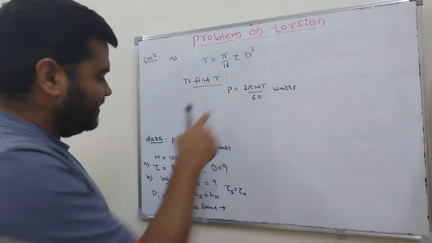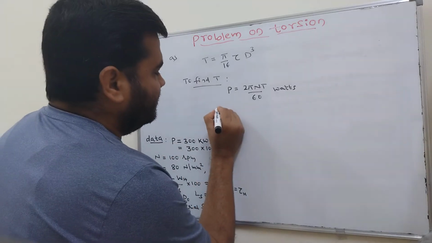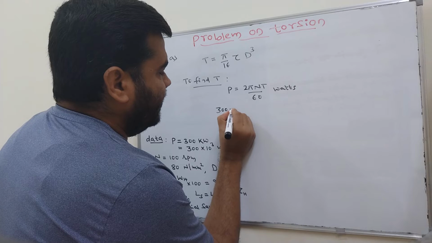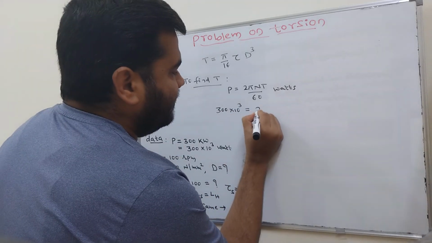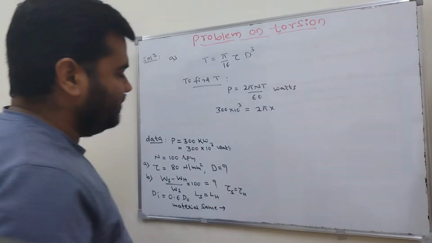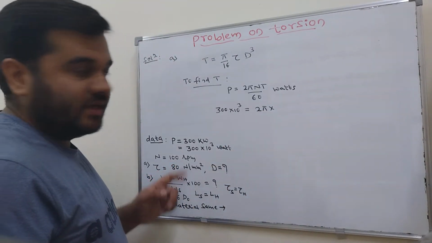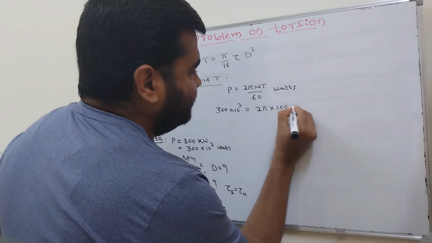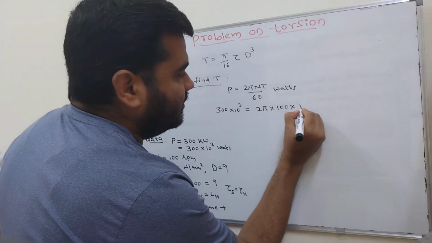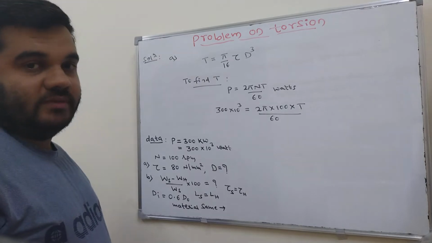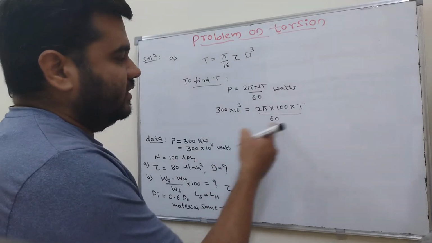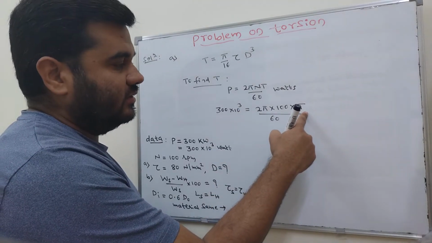What is the power given? 300 into 10 raised to 3 watts, equal to 2 pi into the speed. How much is the speed of the shaft? 100 rpm, right? So 100 into the torque T, divided by 60. Now only one unknown remains, the torque.